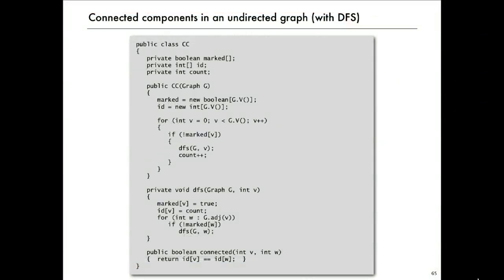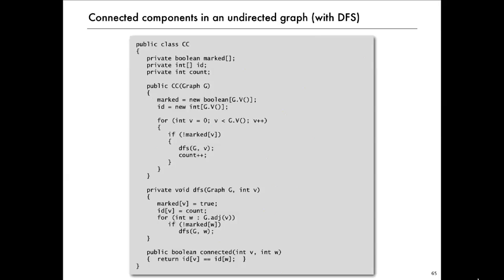But look at the implementation. This is connected components in an undirected graph with DFS that we did last time. And I'm sure many of you thought it was one of the simplest algorithms that we looked at. We just mark the vertices and do recursive DFS, and that's the end of it.